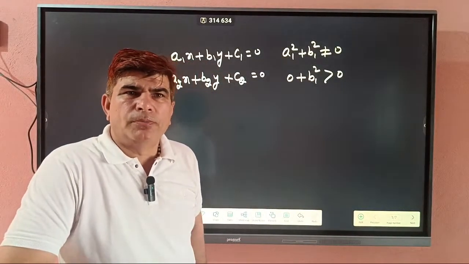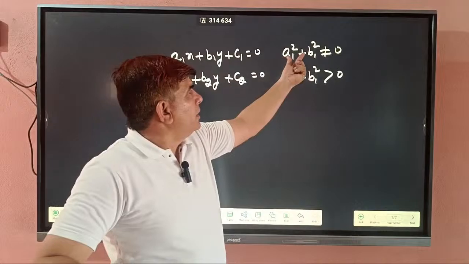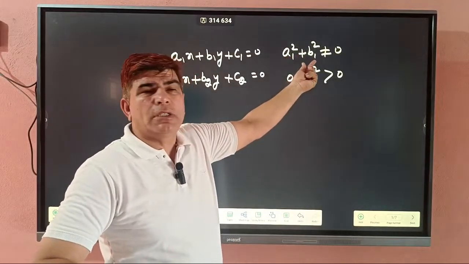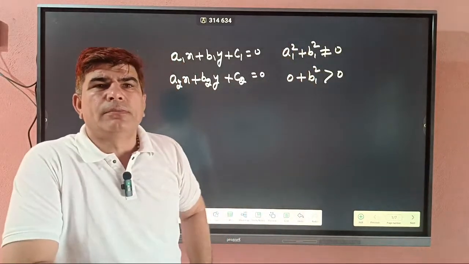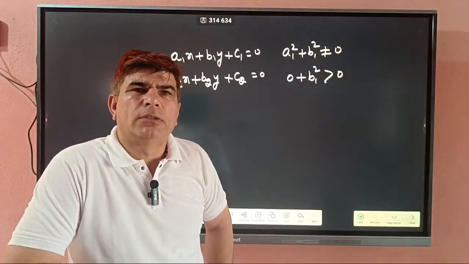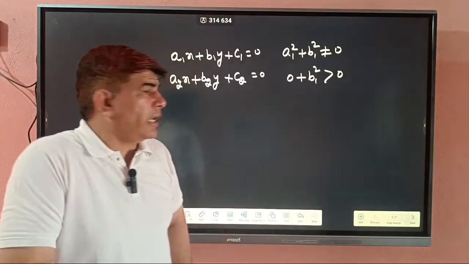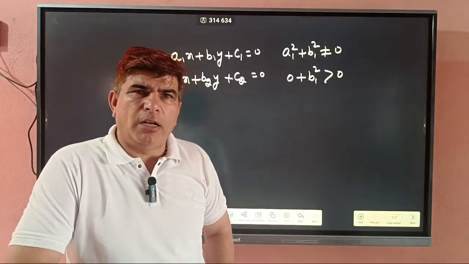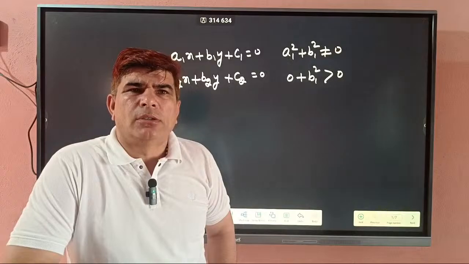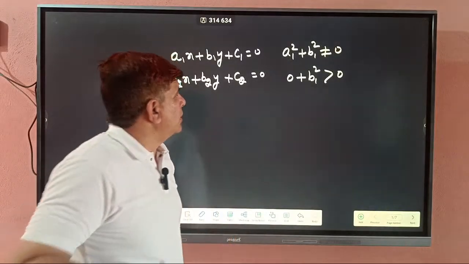So this quantity a1 square plus b1 square is always more than 0. Why? The square of any real number is always positive.